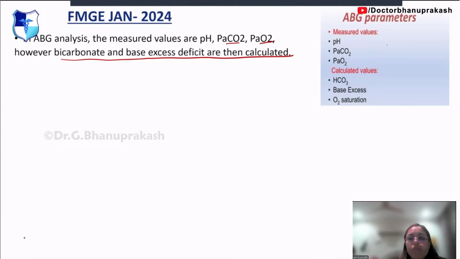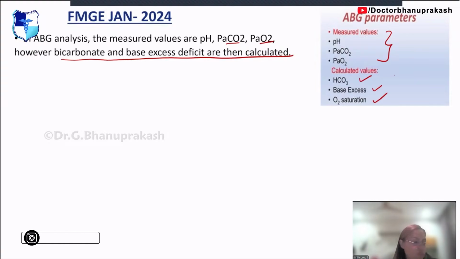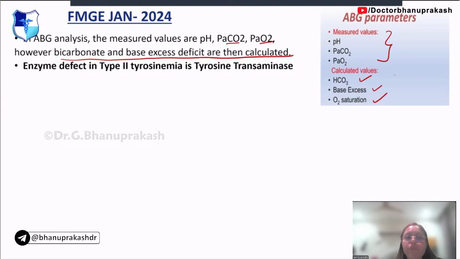So you need to learn the measured values are pH and the partial pressures, but the calculated values are bicarbonate, base excess and oxygen saturation. Enzyme defect in type 2 tyrosinemia. Usually tyrosinemias are very rare, but this question was once asked. For type 2 tyrosinemia, there are two T's in the name: tyrosine transaminase. Easy to learn.